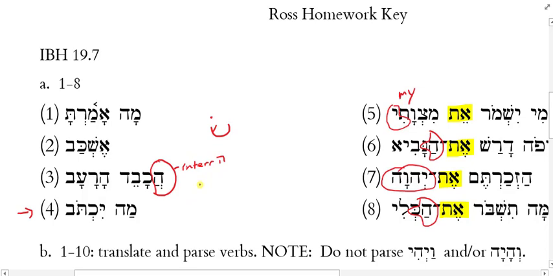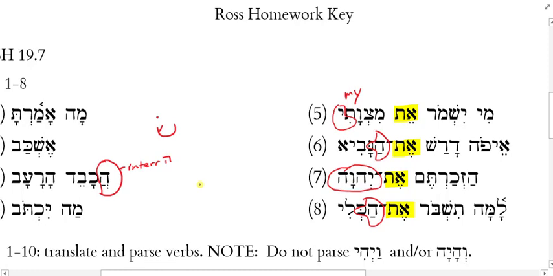The famine was heavy. All right. And then look at the number 7. Here I have Hazkartem et Adonai. So is this the article hey on Hazkartem?